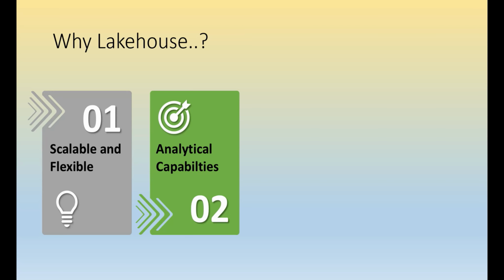So there are different services, and all these services can refer to the same data which is underlying in the lakehouse. That gives you the analytical capability and flexibility to choose any of these analytical platforms, but still use the same data and perform the job that you want to perform, right?